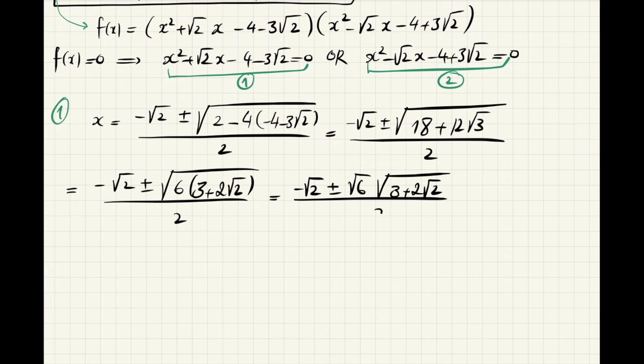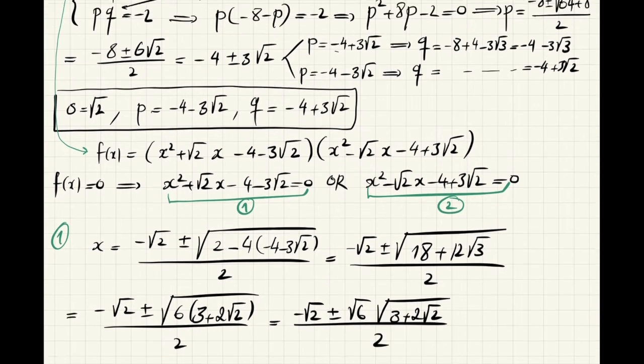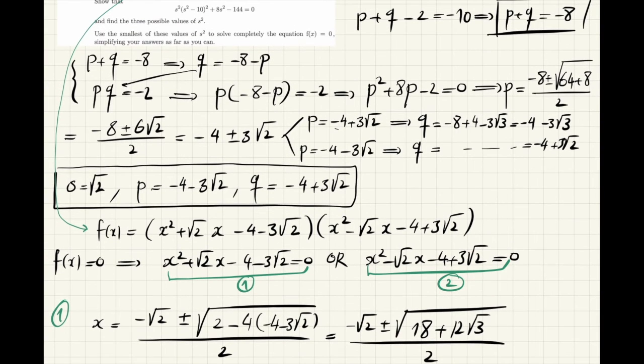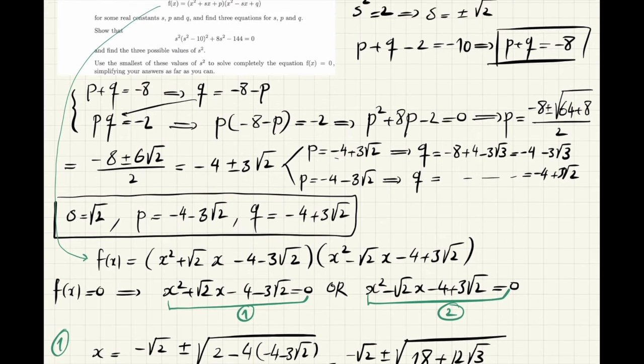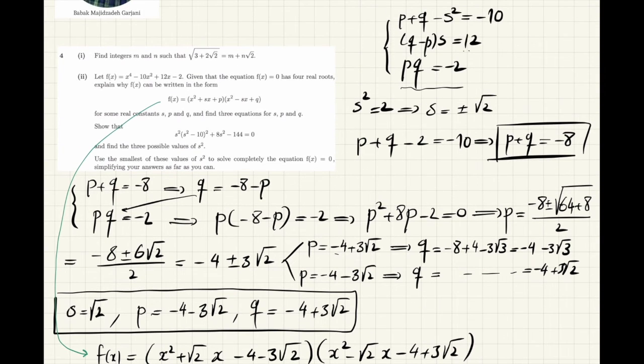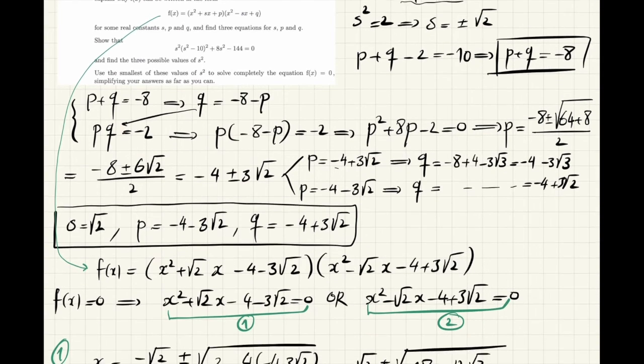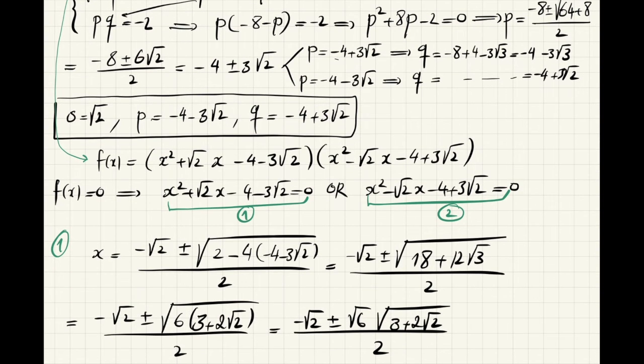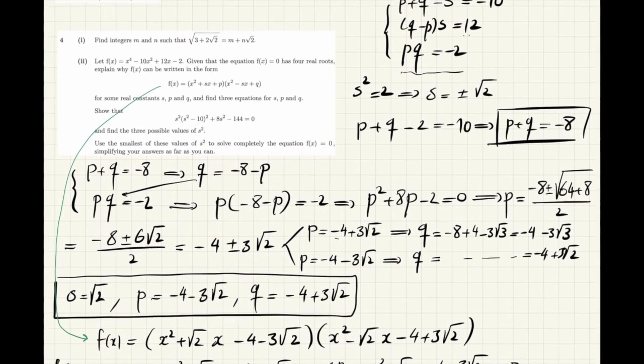The reason that I am doing this, I'm continuing, is that it has been mentioned to simplify your answer as far as you can, and traditionally you know that in STEP exams usually the first part will be helpful for the other parts. So that is probably the reason that they have mentioned that part in the first place, and you see that's not a coincidence. 3 plus 2 square root of 2 is actually exactly this one.